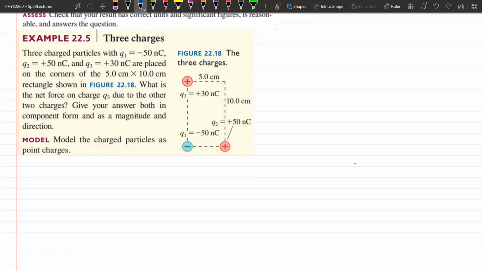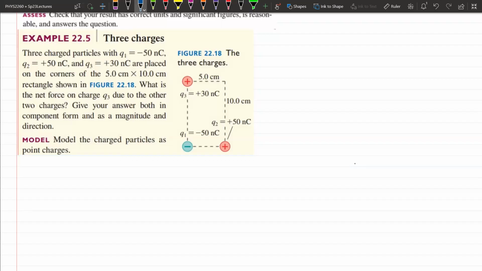Three charged particles: Q1 is negative 50 nanocoulomb, Q2 is positive 50, and Q3 is positive 30, okay? The distances between them are given here in the rectangular box. The problem is asking us to calculate the net force on charge 3.